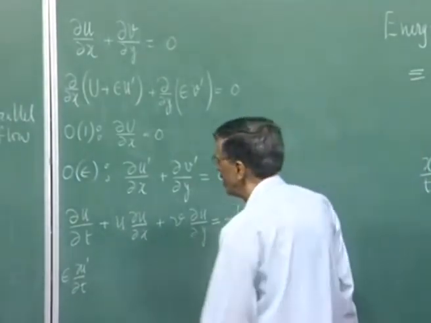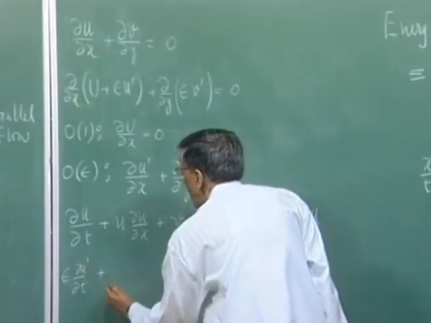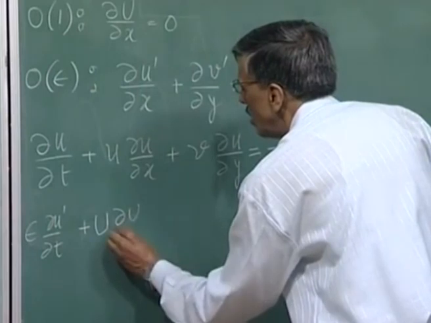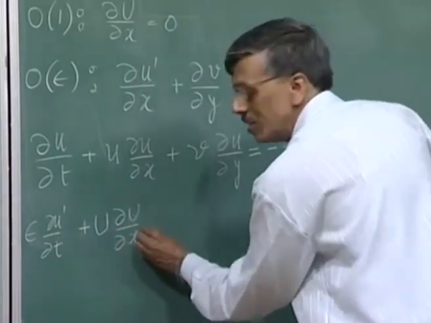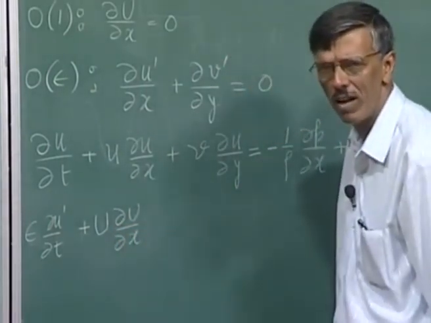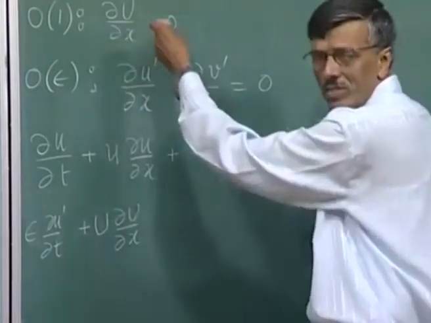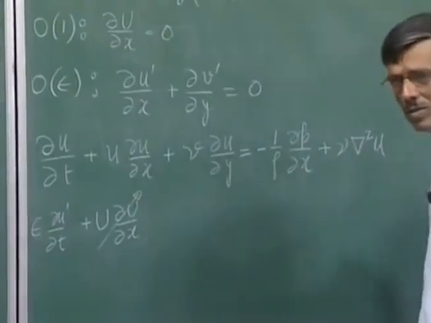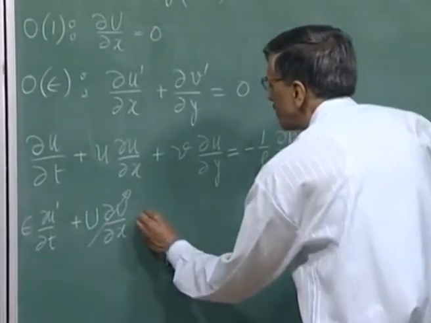What are we going to get from here? A mean term which will be u del u del x. That is not there, right. Del u del x is 0, we have already seen. So, this term does not survive. What about the other term?